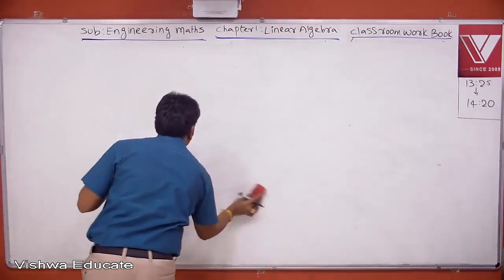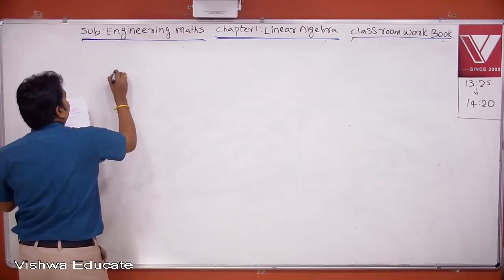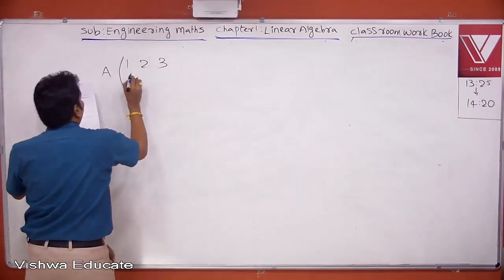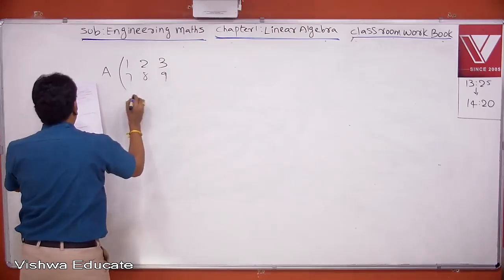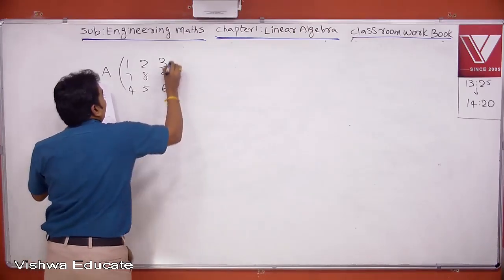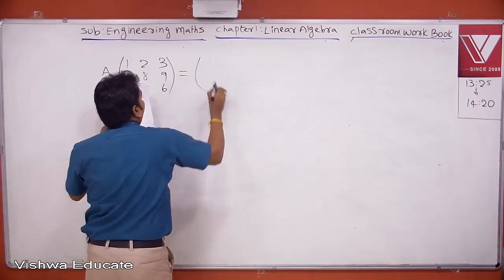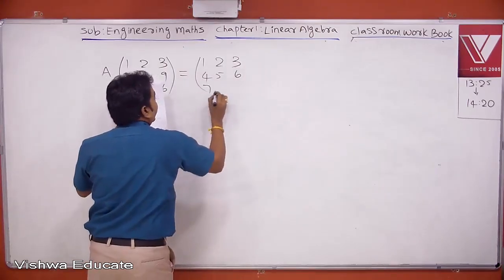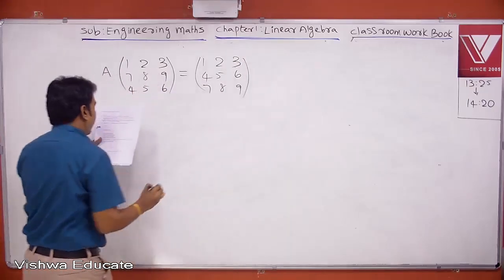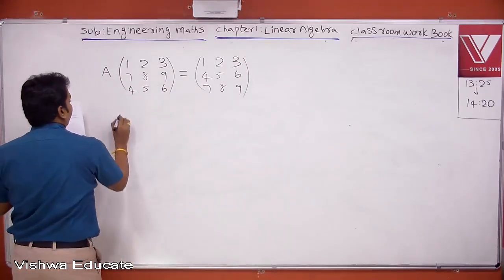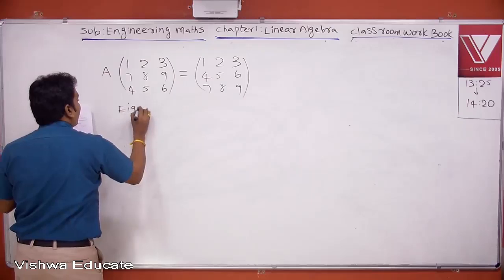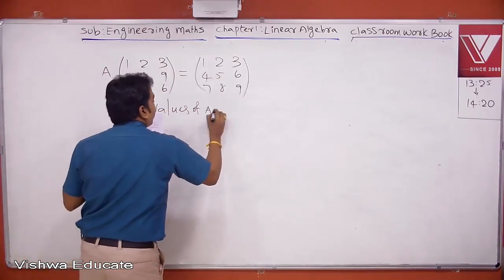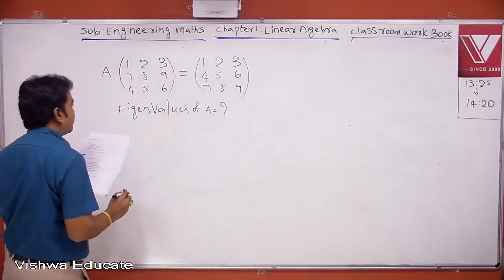Instead, they gave it like this: A times the matrix [1, 2, 3; 7, 8, 9; 4, 5, 6] equals the matrix [1, 2, 3; 4, 5, 6; 7, 8, 9]. This is the equation given. We need to find the eigenvalues of A.